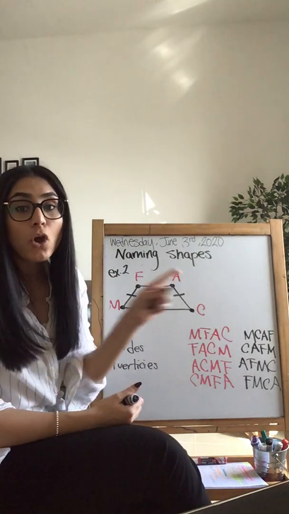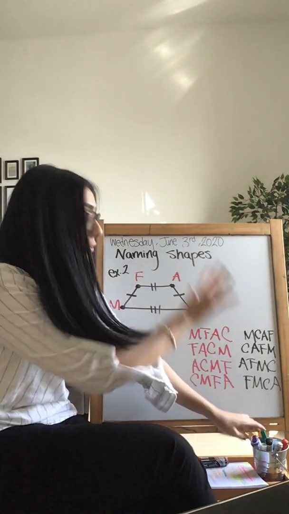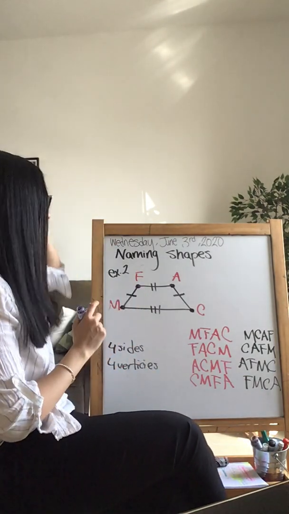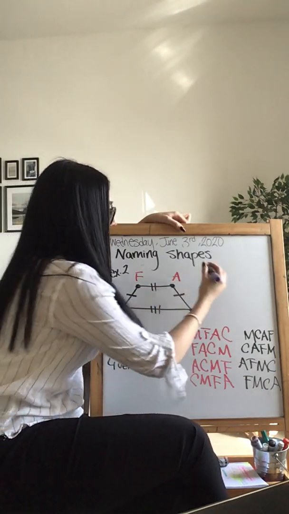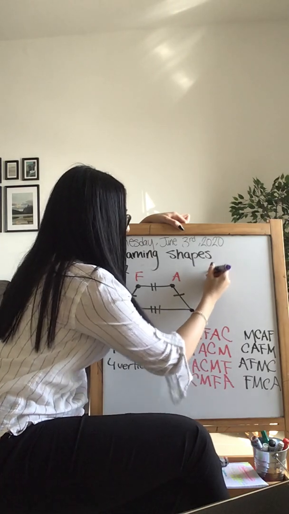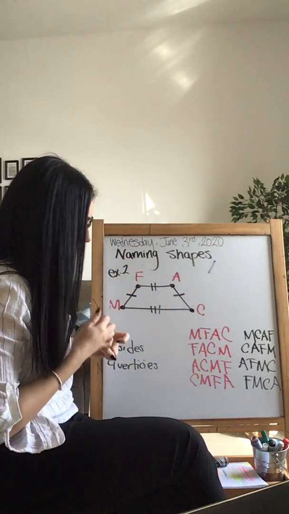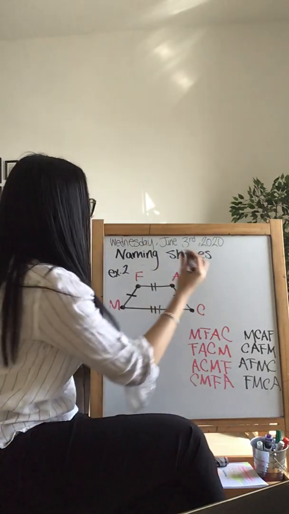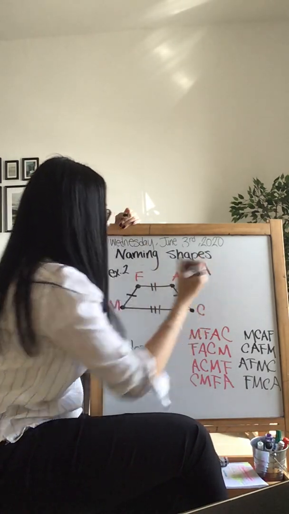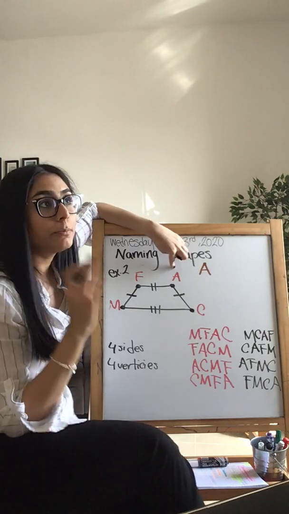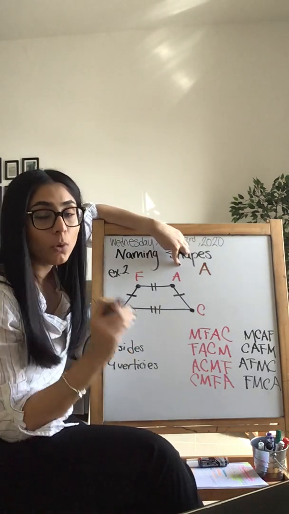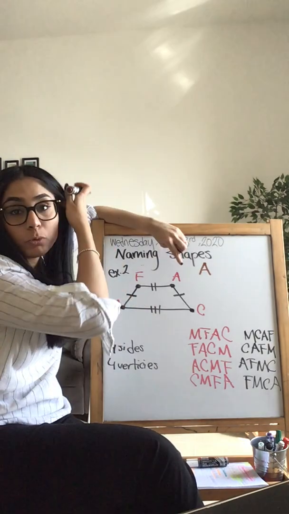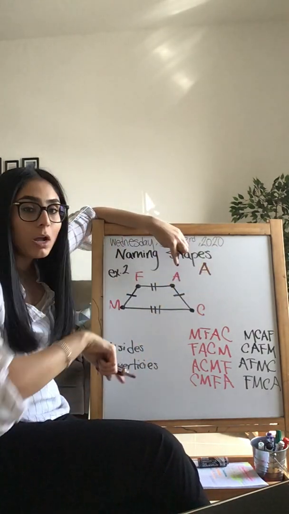Now, what I cannot do, okay? So these are all great. What I cannot do, however, is, let's say I want to start at A. Now remember, the only rule is you have to go in order. You cannot jump around. You can go clockwise or counterclockwise, that's fine.